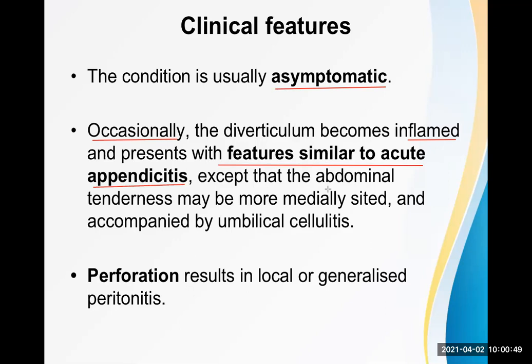They go about 2 feet proximal and pull that loop out, and they look for Meckel's diverticulum in each and every case of appendicectomy. If there is a Meckel's diverticulum present, they will resect it. There is no point keeping it there, because who knows, in the future it may cause problems to the patient. So both surgeries are done at the same time.